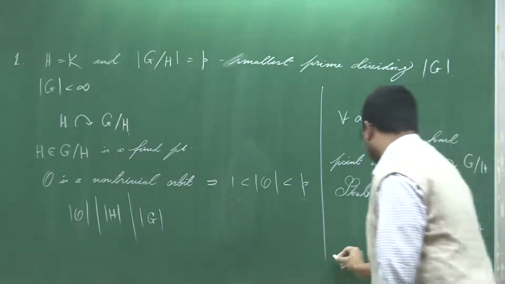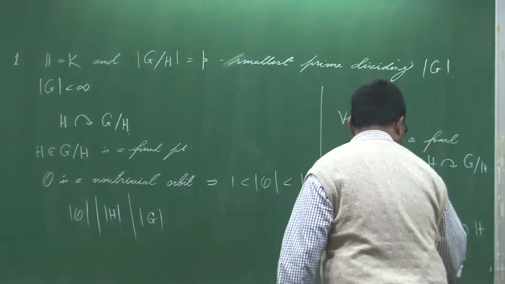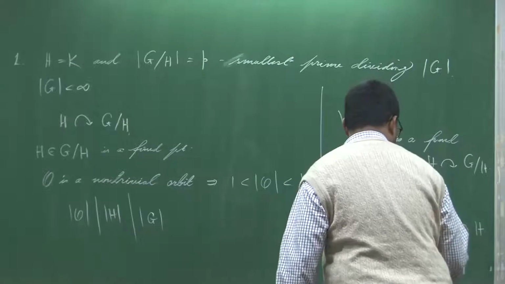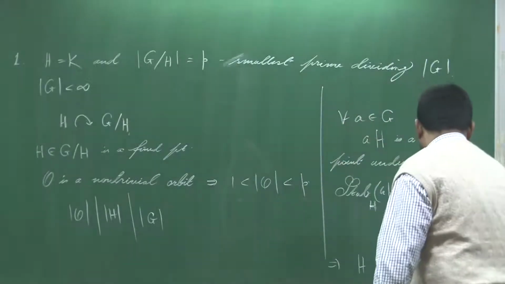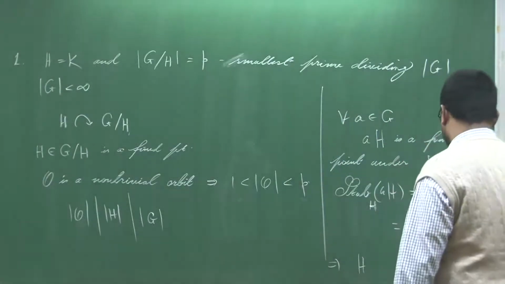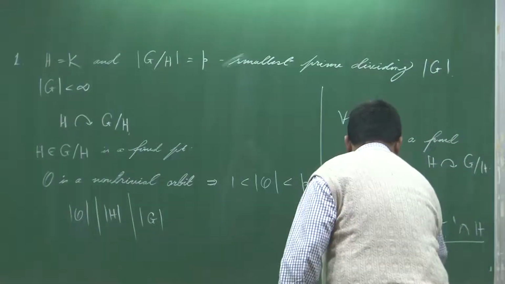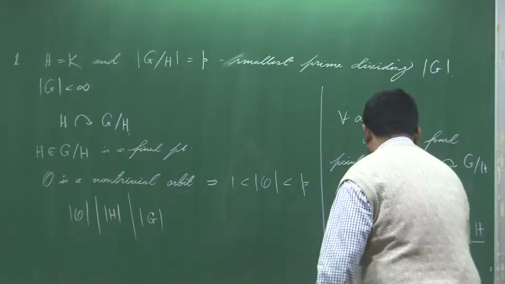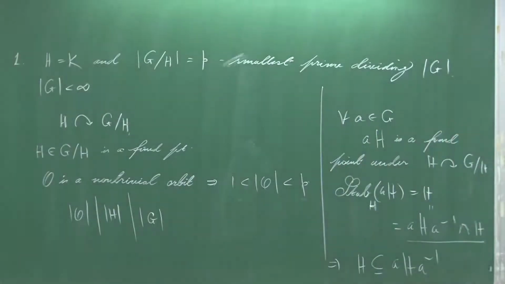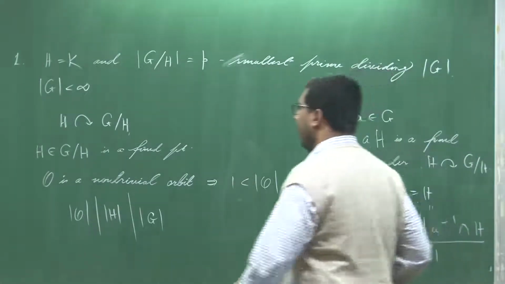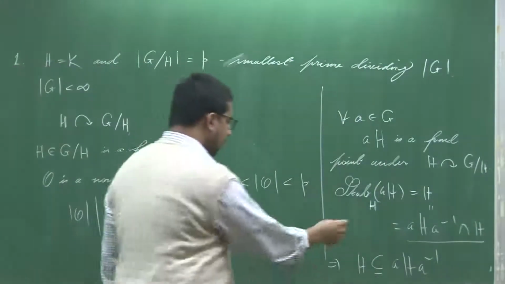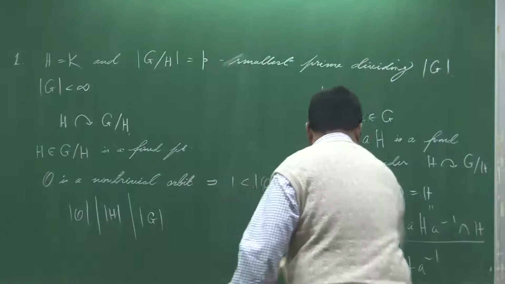What does that give us? The intersection is H. When does that happen? It happens when H is contained inside aHa inverse. Now, since both have the same number of elements because they are finite subgroups, we must have equality.